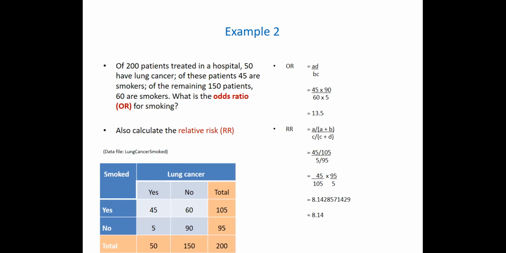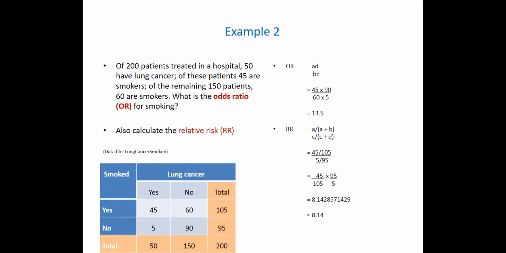Let's look at it together. You don't know, just tell me something over something. That is 45 over 60? Because out of the 50 that have lung cancer, 45 smoke. So 45 over 50 is the probability, the risk that somebody smokes. What is the risk that somebody did not smoke? 5 over 60, or 50?